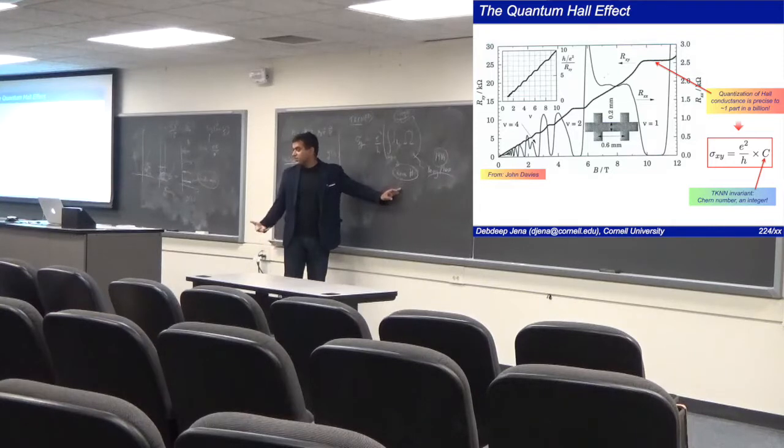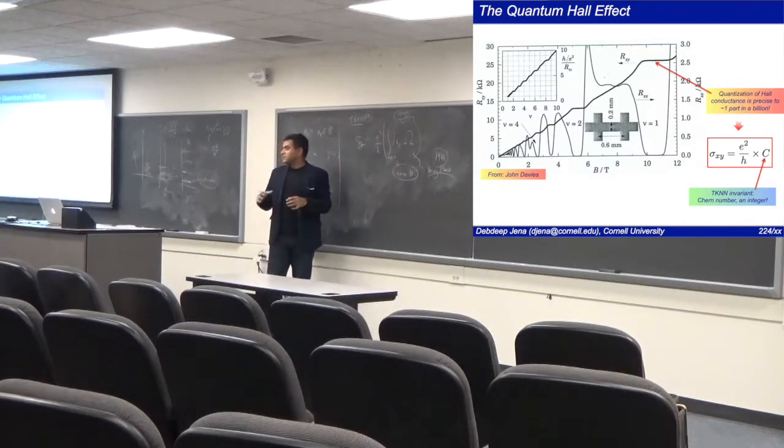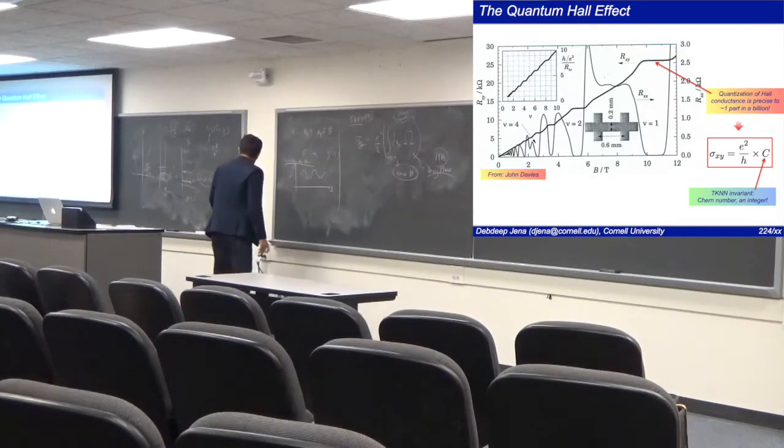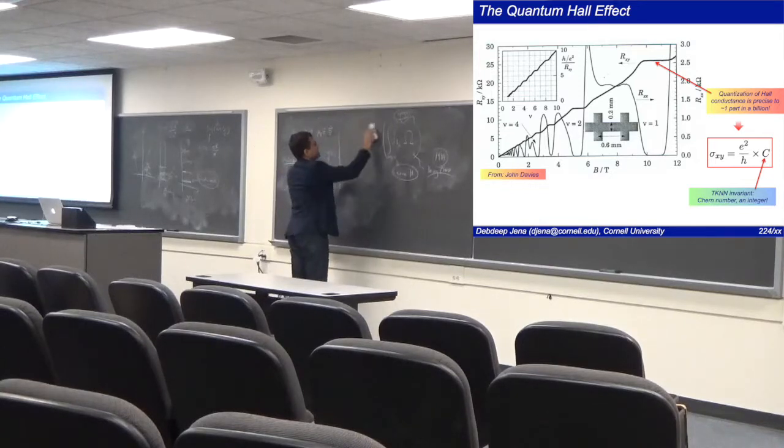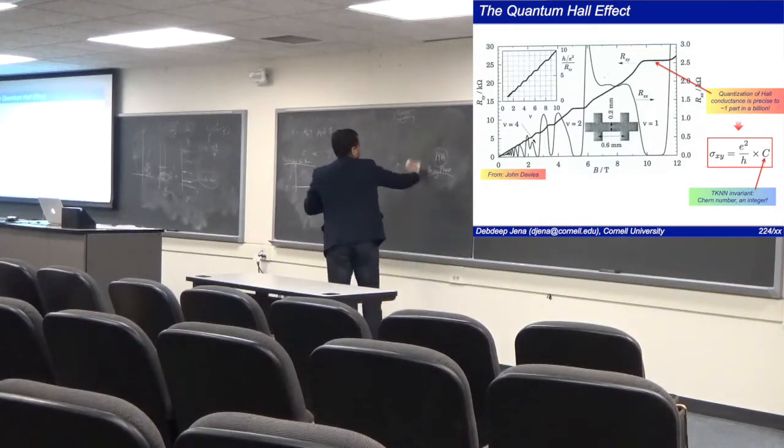It's an invariant, meaning it doesn't depend if you change the surface from a sphere to an oval or something like that. It doesn't change. So that's very interesting. Okay, so let's go back and look at some of the ideas behind this.